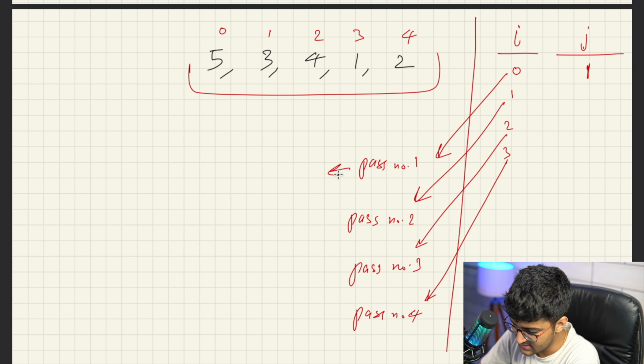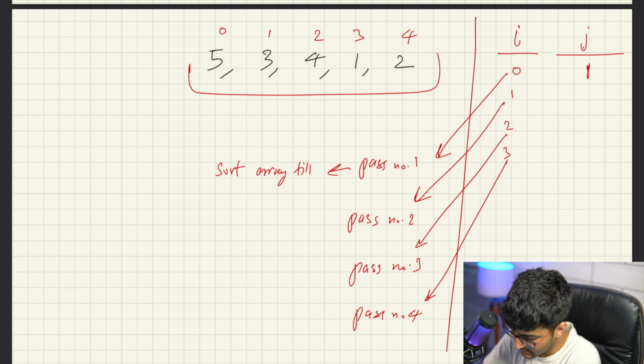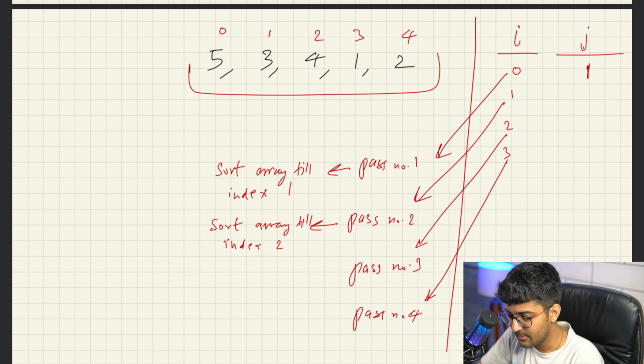Okay, this basically means sort array till index 1, sort array till index 2. So very simple. Pass 1 means sort array till index number 1. When i is equal to 0, the loop has run, this will be sorted till index number 1.